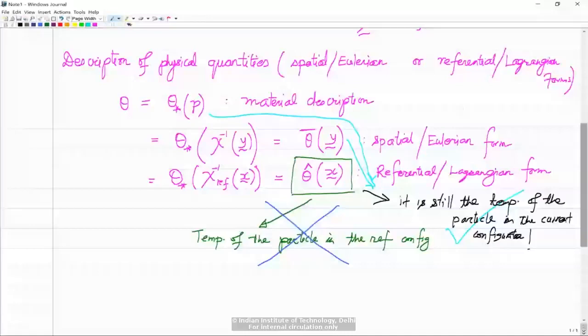What was the referential position of the particle which is currently at y? If one knows that, then one can also get theta hat. So basically, theta hat of x can also be thought of as theta bar of y hat of x. So if you know one, you can get the other one also. But for that, you have to know this deformation map. Y hat should be known in that case.